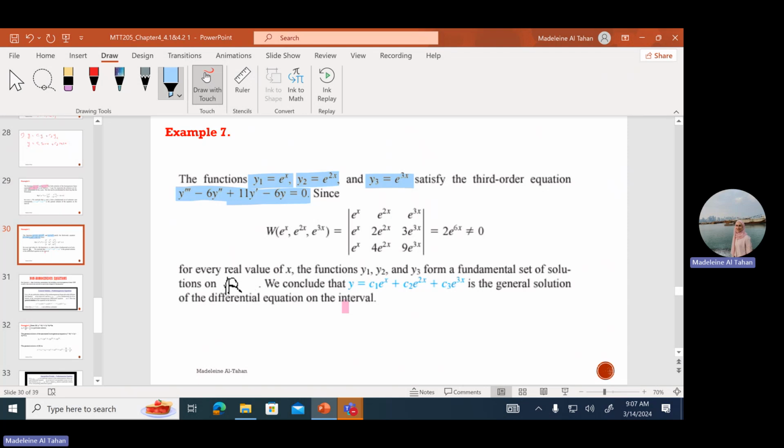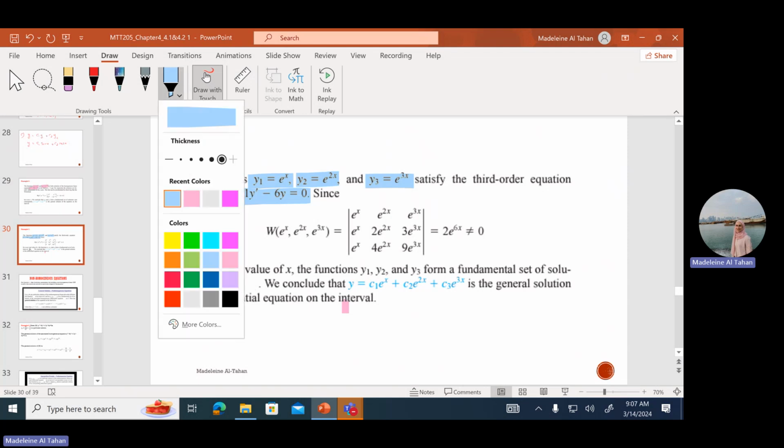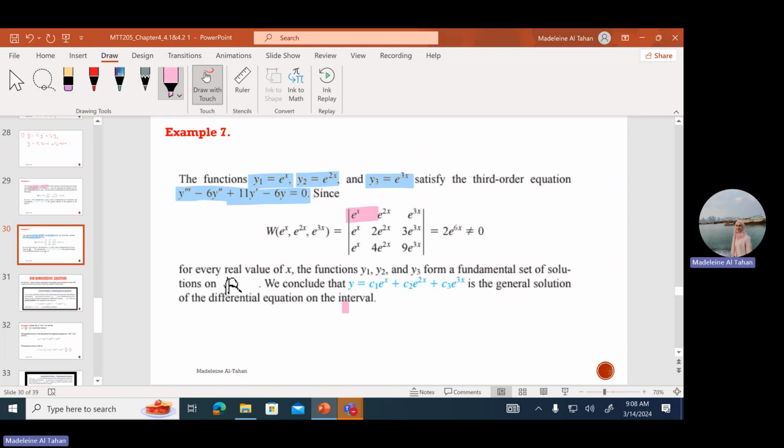So the first step, we will find the Wronskian. Here, what do we put? Then the first derivative, so here we will put the first derivative. And here we will put the second derivative.